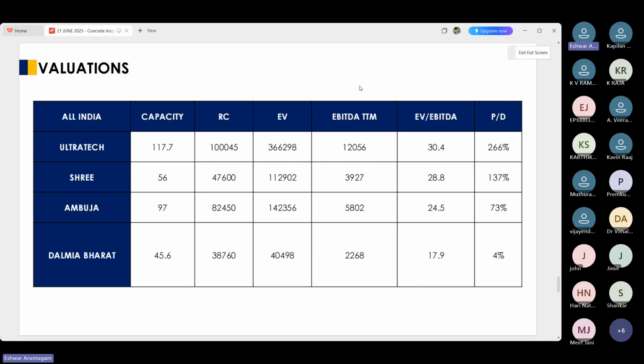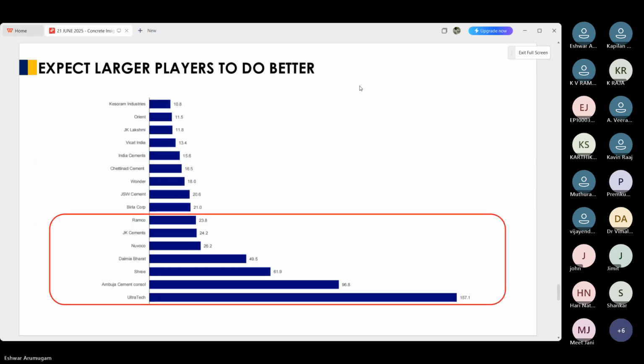Let's move on to the next slide. So we, as a house, expect the larger players to do better. When I'm not talking about the stock performance, I'm talking about the company. The larger players should do better, guided by their scale, their diversification, their growth pipeline, their aspirations, and their incremental possibility of ROE generation.